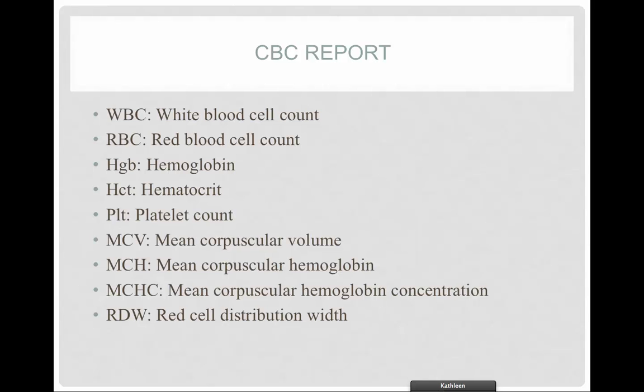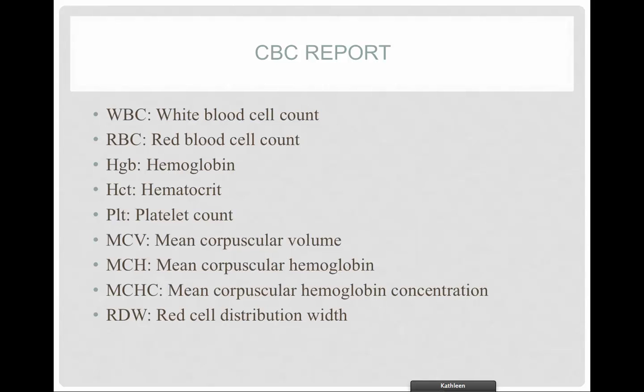Red blood cell distribution width, RDW, is a calculation of the variation in size of your red blood cells. In some anemias, such as pernicious anemia, there is variation in red blood cell size, anisocytosis, A-N-I-S-O-C-Y-T-O-S-I-S.